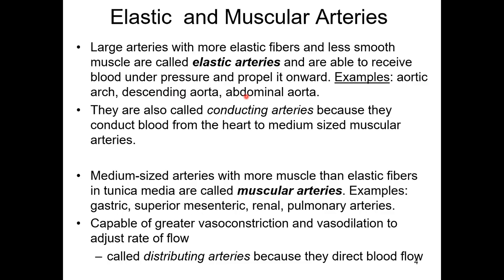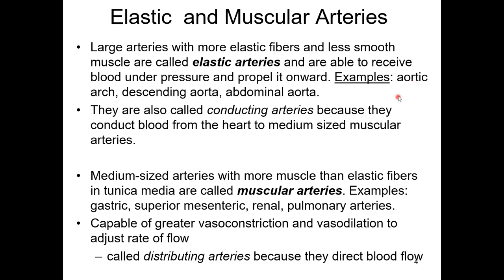This just means that elastic elements are very thick in the wall of these arteries. These arteries expand hugely after every heartbeat, because into the aortic arch, 70 milliliters of blood is shoved into every 0.8 seconds with every heartbeat.